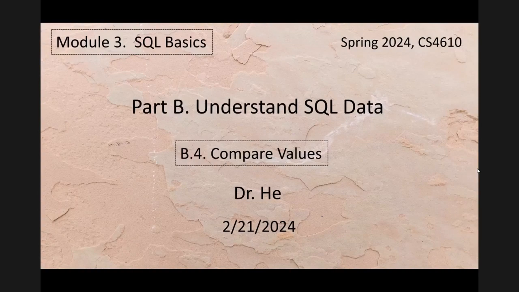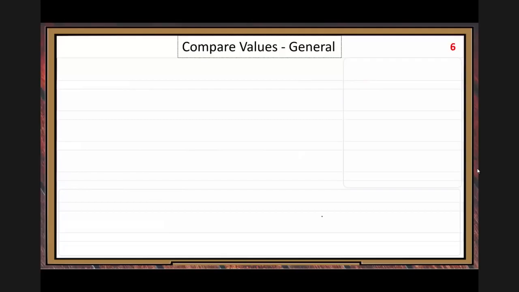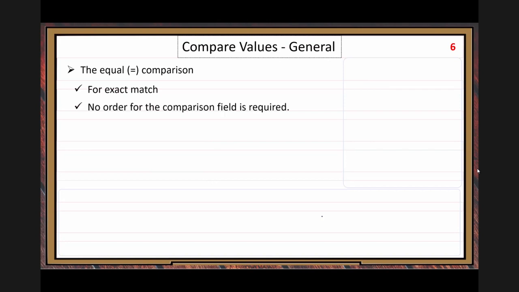About 5 minutes. Let's look at B.4, Compare values. Let's look at one slide in part B4. Compare values, in general, we use the equal sign for comparison, for exact match. With the equal operator, no order for the comparison field is required.